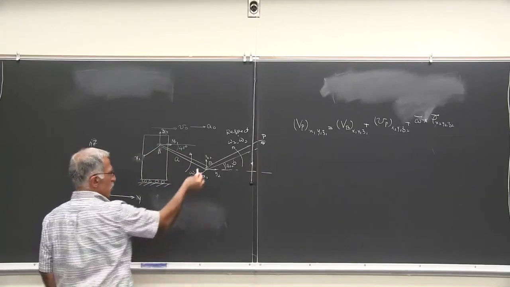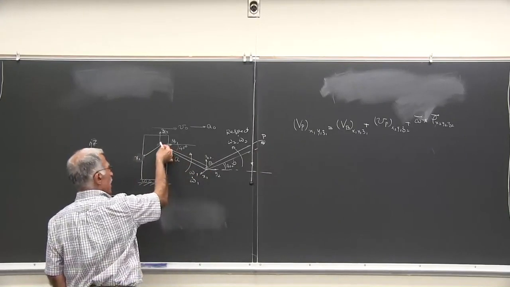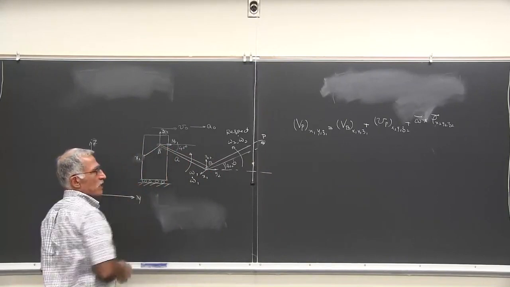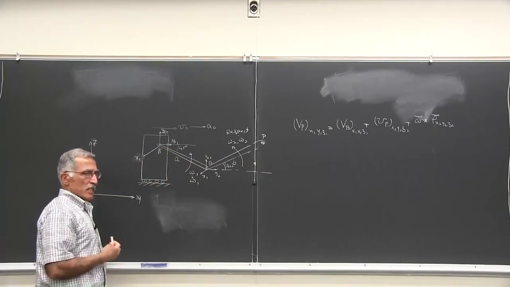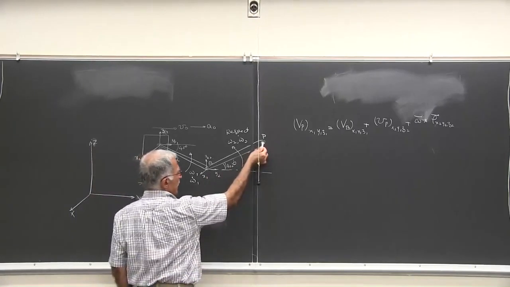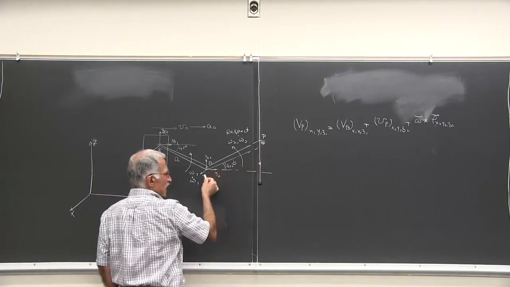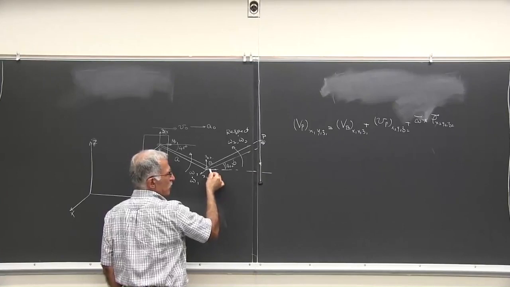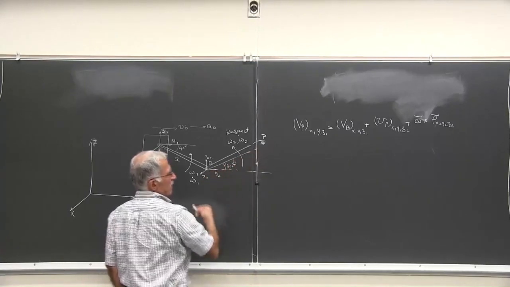So you go from this coordinate to this coordinate, and then you go from this coordinate to this coordinate. That's the auxiliary coordinate system.